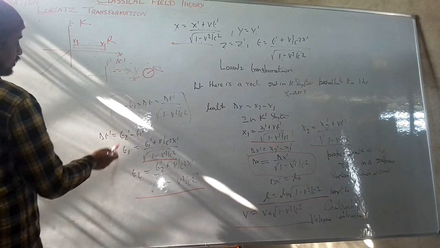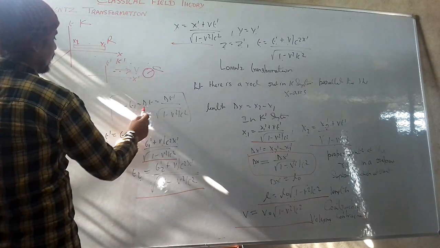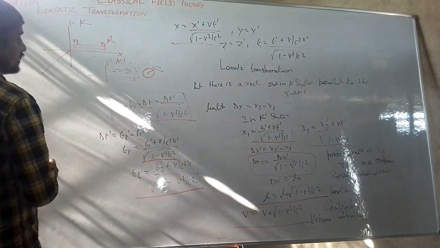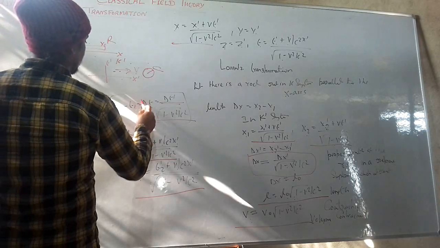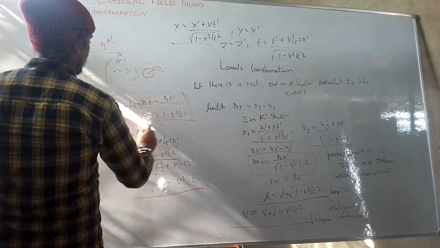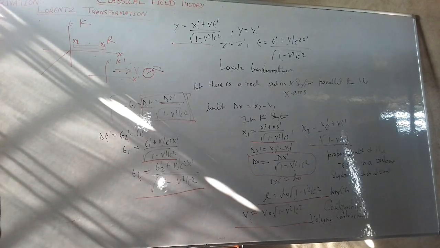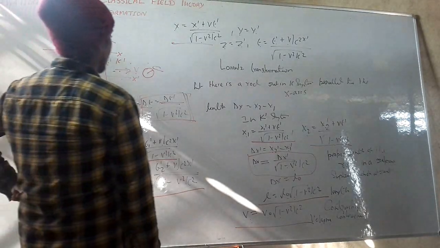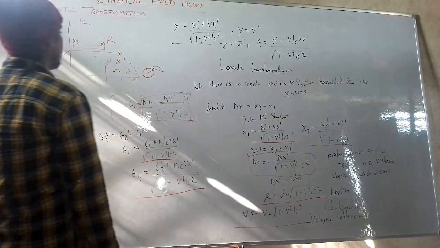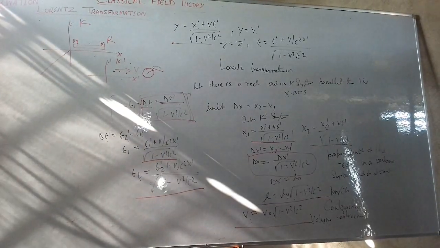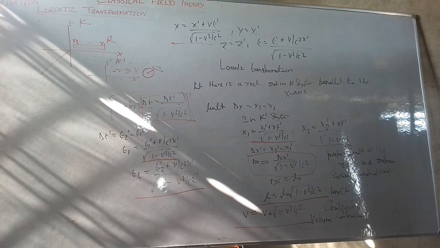Now you can substitute t2 dash and t1 dash and we will get delta t is equal to delta t dash divided by root 1 minus v² by c², and here delta t dash is the proper time. This is called time dilation. It means a moving clock appears to tick slowly compared to the clock at rest. So this is the derivation of Lorentz transformation and its application.